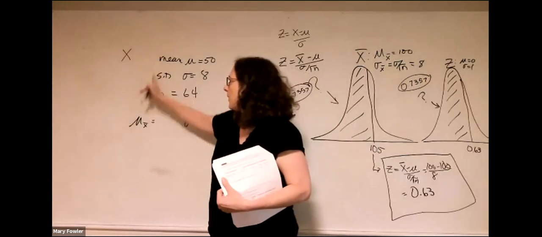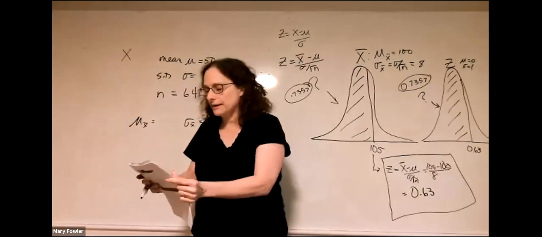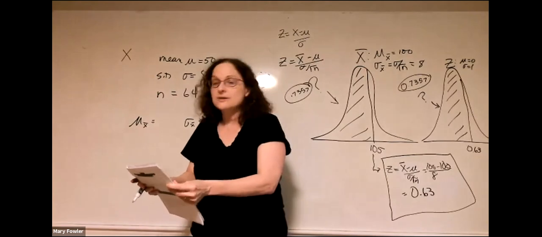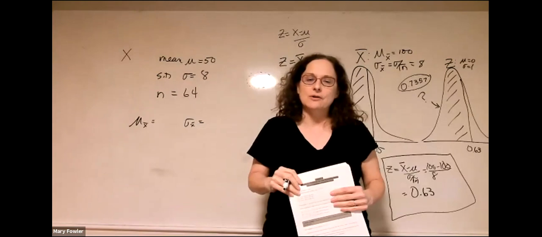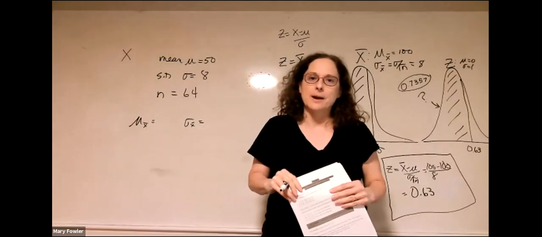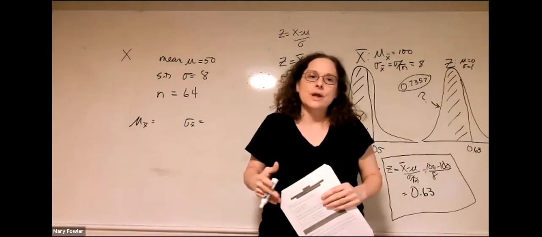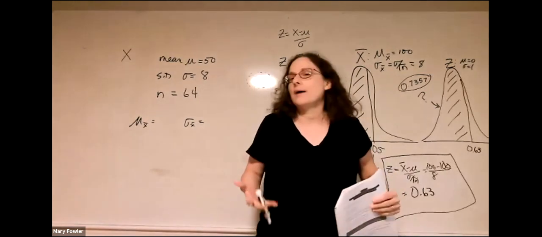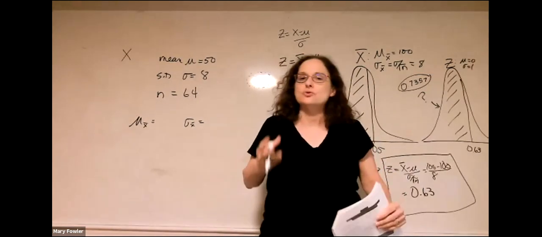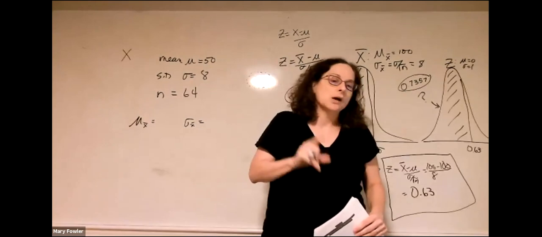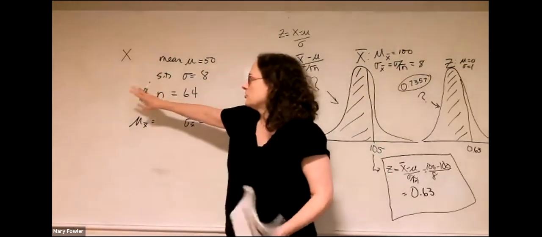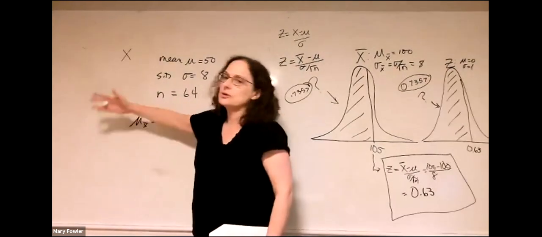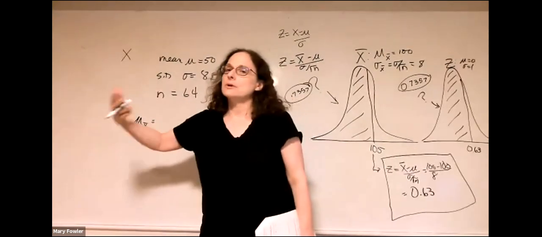In this problem, there's no statement about the shape of the distribution of the parent population. Unless we know that we have normality, we have to assume we don't. So the shape of the distribution of x is either unknown or not normal.